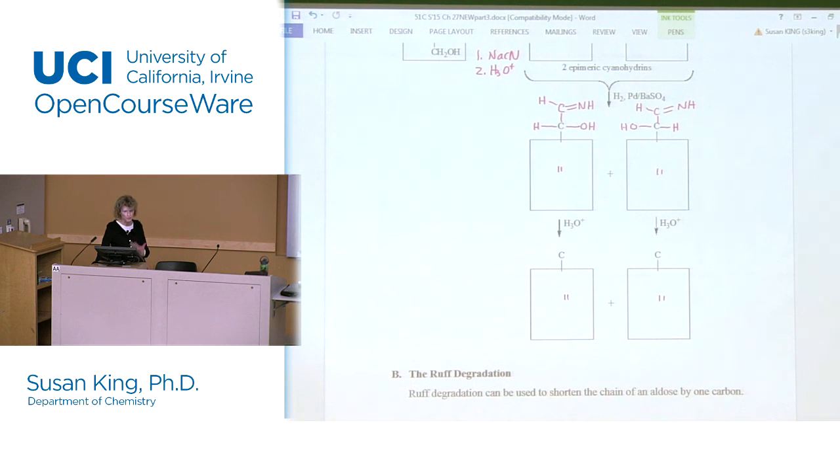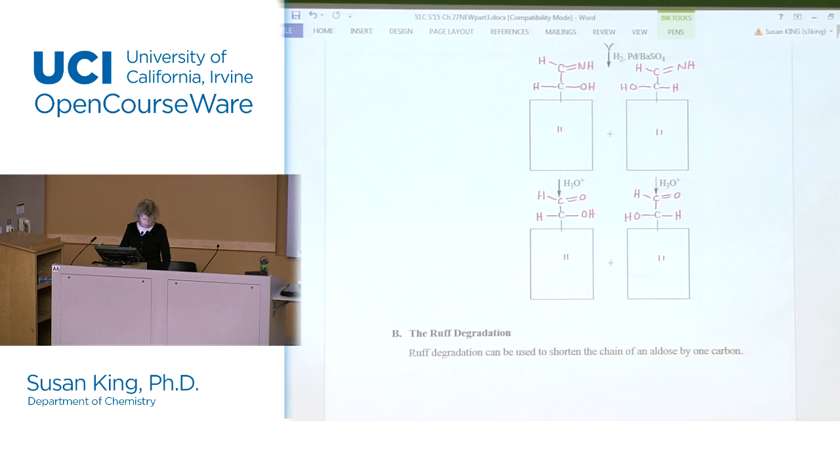Aldehyde's more stable, so it's actually going to be converted into the aldehyde. So it's almost like we've inserted a CHOH into the sugar in the 2 position. So we've extended the chain by 1 carbon, and we have a pair of sugars, epimers. These are epimers of each other.